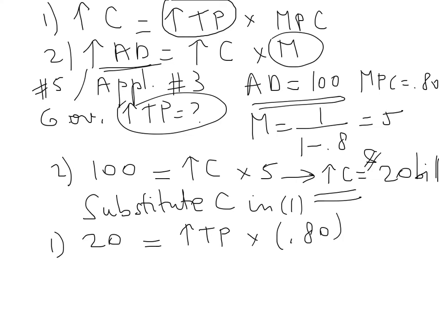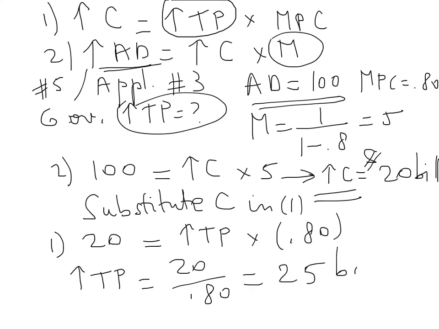And then we solve this equation. Increase in total transfer payments equals 20 divided by 0.8, which is going to be $25 billion. So that was the exercise with transfer payments tool. Now I'm going to ask you to work and finalize all the applications posted for you.